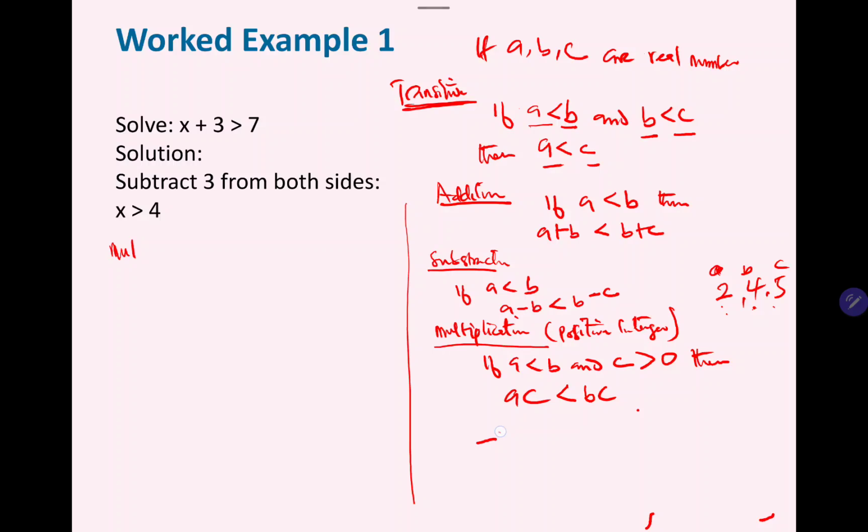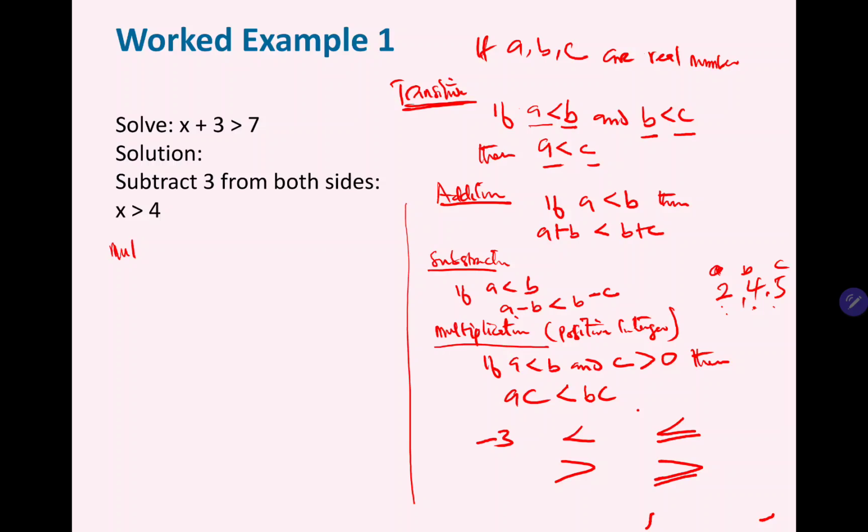So if you divide by -3, you have to flip the symbol. If the symbol was a less than sign, it must change to a greater than sign if you have to divide by -3. If the symbol was less than or equal to, it has to be flipped to greater than or equal to.